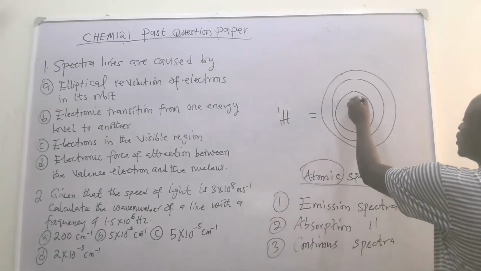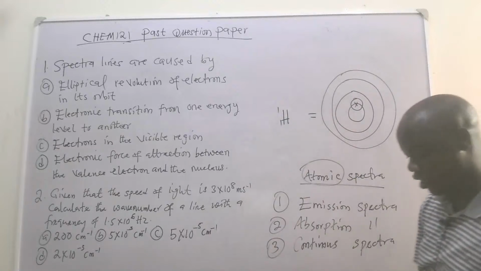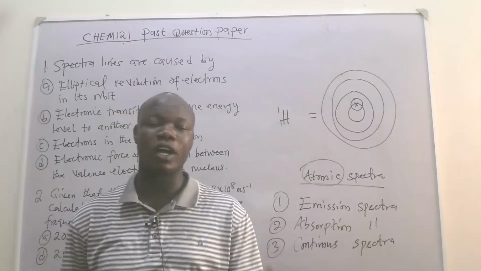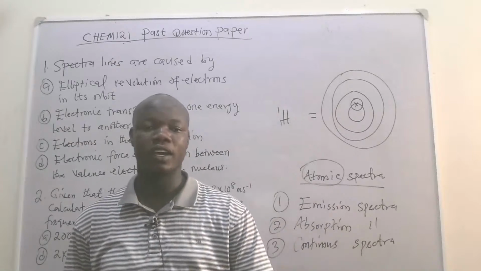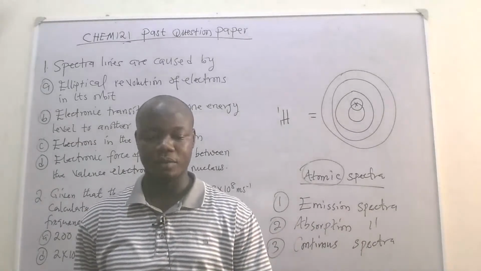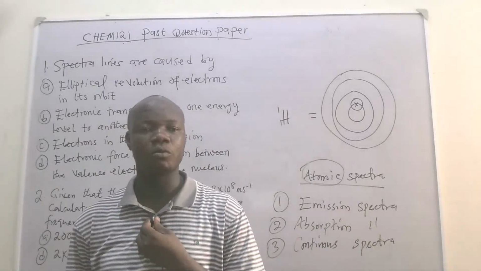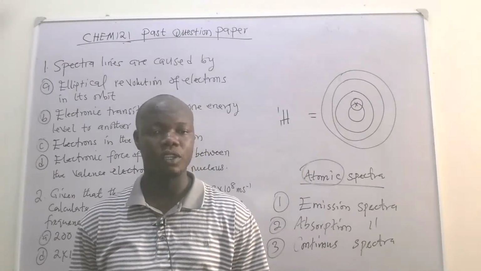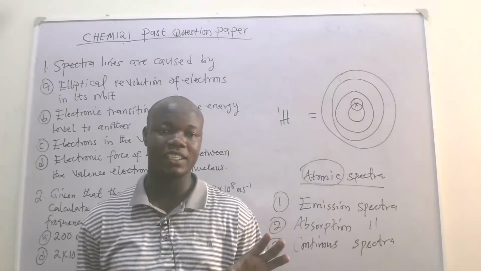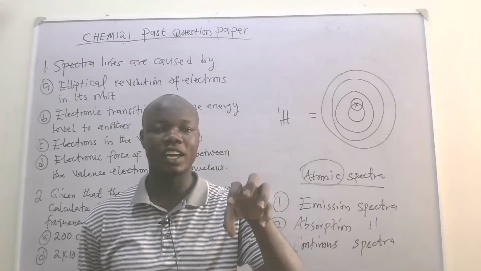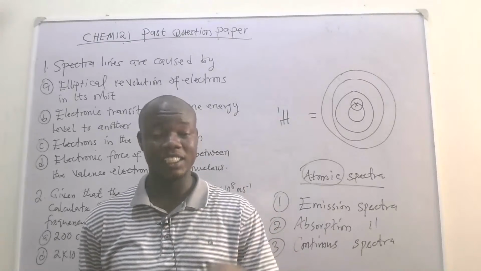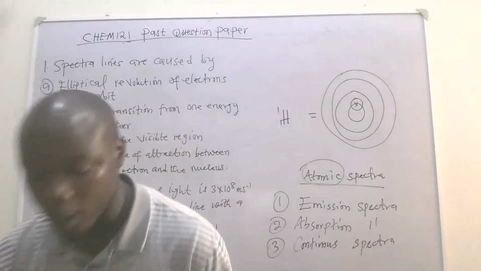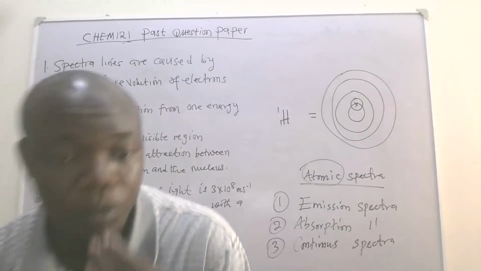For example, one electron in sodium can move from one energy level to another. The electrons are moved from lower energy level to higher energy level, and at that point the electrons are highly excited. When electrons are in the excited state, they can move from one energy level to another.